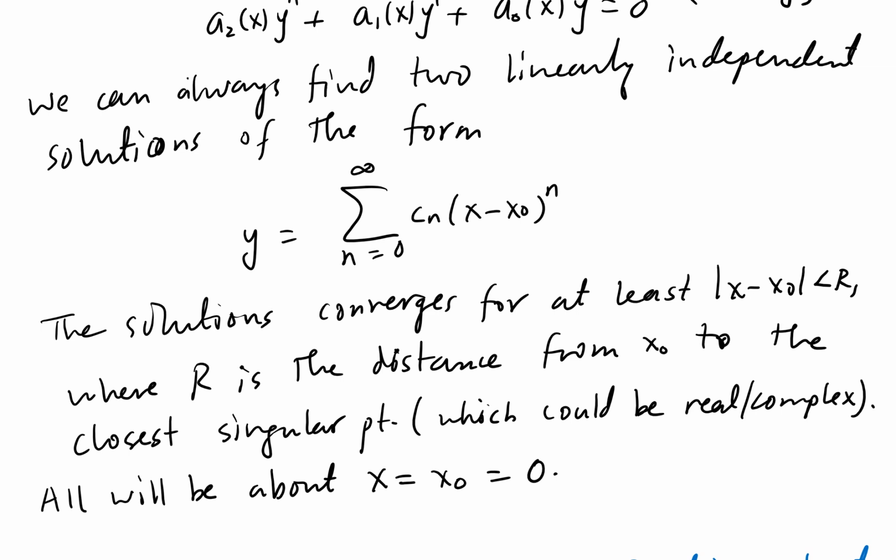So all we are doing here is about x equals x0 equals 0. So you can say this would be the sum from n equals 0 to infinity of cn x to the n.